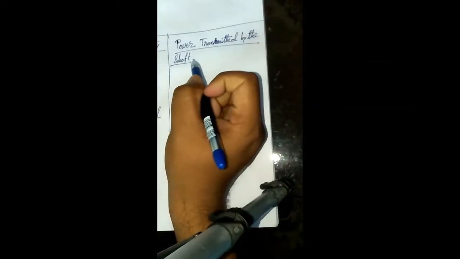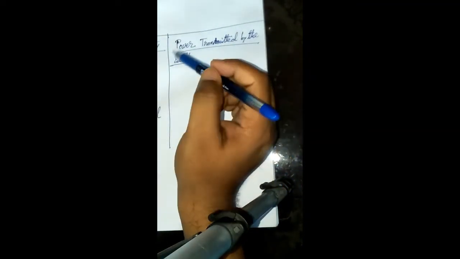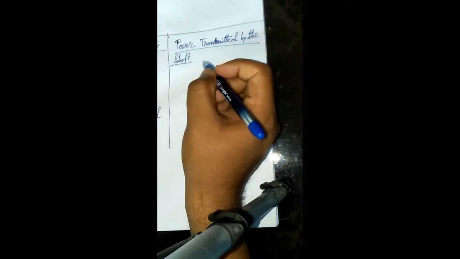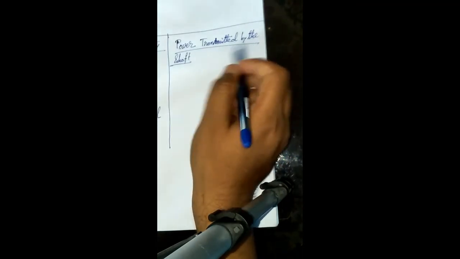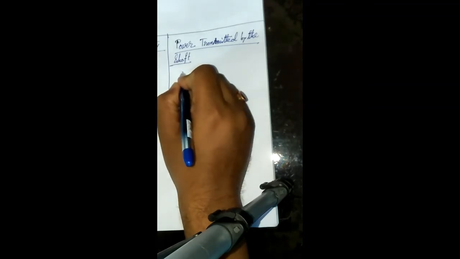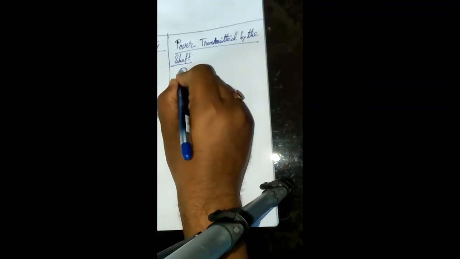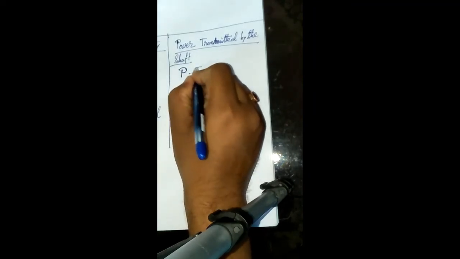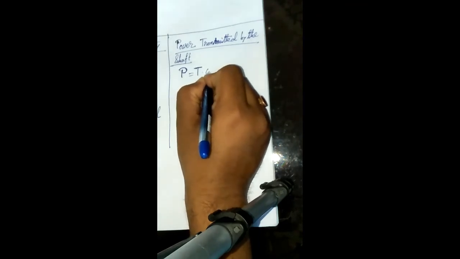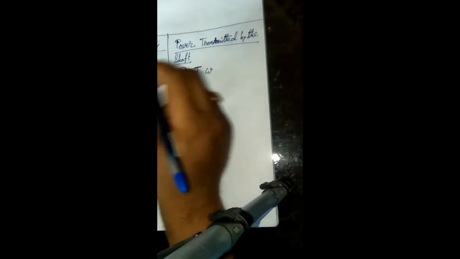Hi students, this is Joydeep Sir again, and the topic is power transmitted by the shaft. We all know that in rotational mechanics, power P equals torque into angular speed omega.